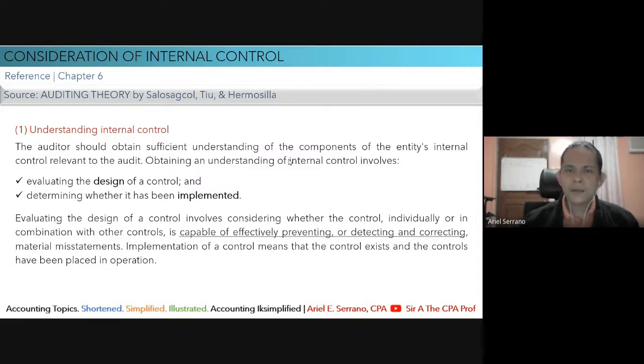Maganda na mabalikan po ninyo yung isa kong video lecture na inassign ko sa inyo kasi kasama na po dun yung PDC model, Preventive, Detective, Corrective Controls. Because we are talking about different controls here. Ano yung preventive control? Ano yung detective control? Ano yung corrective control? Can you please share how do you understand them?